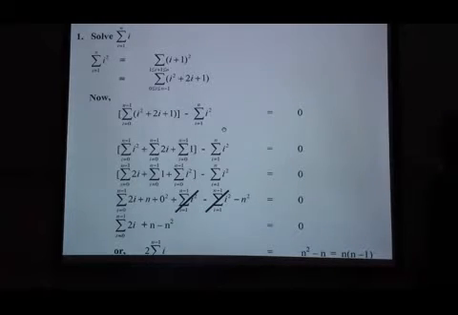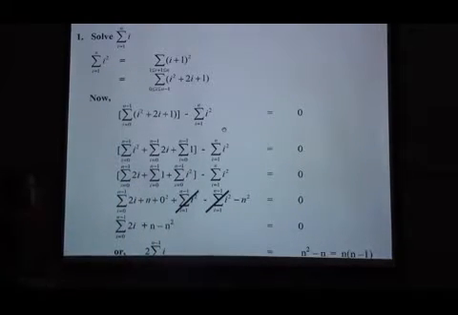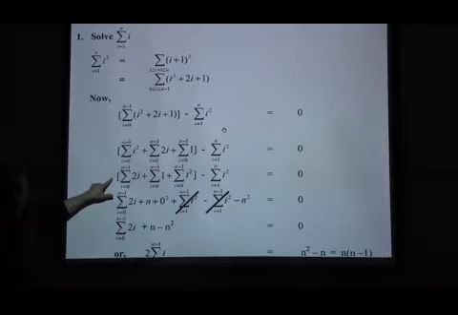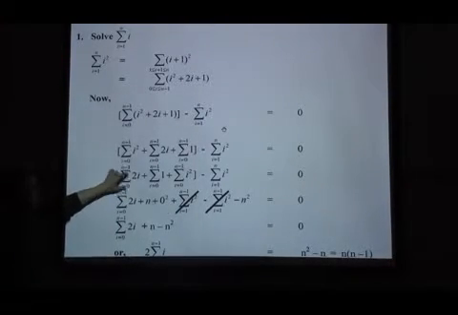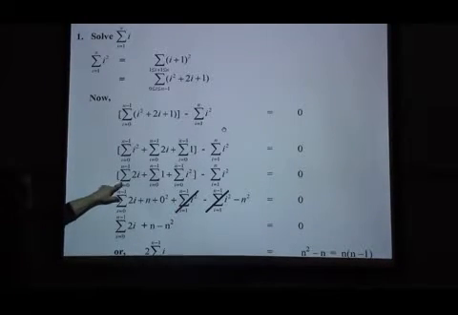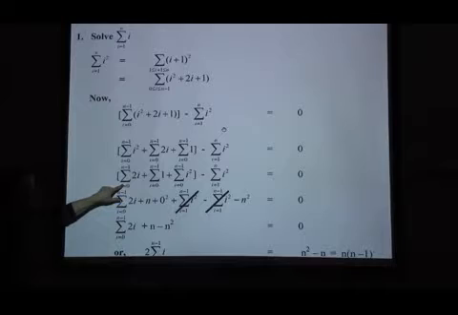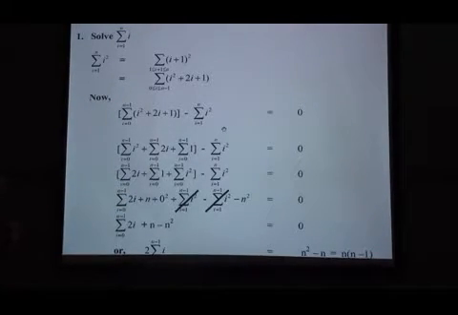When you have a summation and one of the factors is a constant, that constant can come out. So we have 2 times the sum of i. Well, the sum of i is going to be n minus 1 times n over 2, times 2. It's going to cancel. Okay?